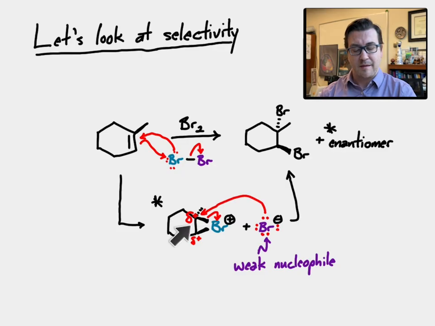It's going to react where the more positive character is built up. So that means that if we're keeping track of it, the first bromine atom that was added to the molecule ends up being this one away from the more congested center, and the second one came in here at the more stable center, where there will be a more stable cationic charge.